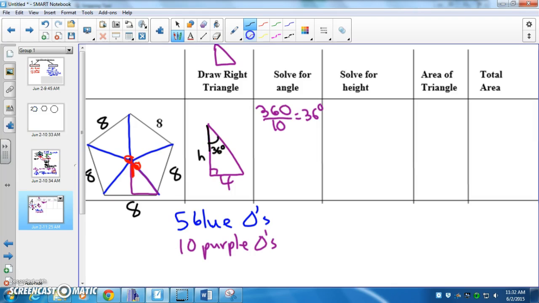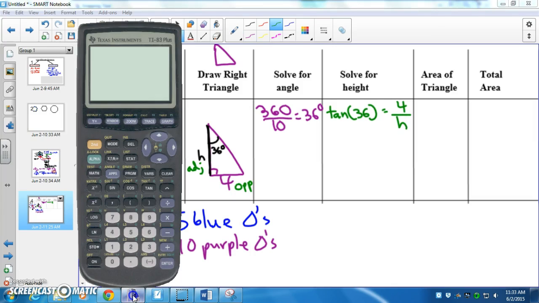Now I'm trying to find the height of the triangle. And when you do that, you have the opposite side, you have the adjacent side. So again, you'd be using tangent. Tangent of 36 equals opposite over adjacent.